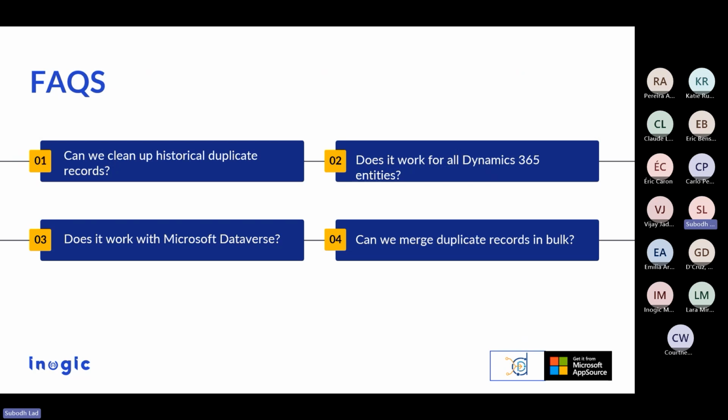Third: does it work with Microsoft Dataverse? Yes, we support Microsoft Dataverse, and Dedupe works with that. And the fourth: can we merge duplicate records in bulk? Yes, with the help of our Windows tool, you can find all the duplicates in bulk and merge them.